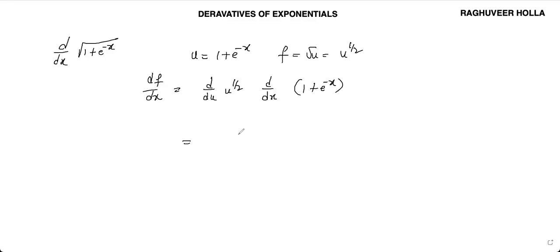So this is half u to the power of minus half, and this is minus e to the power of minus x, or we can write this as minus 1 by 2 u to the power of minus half e to the power of minus x.